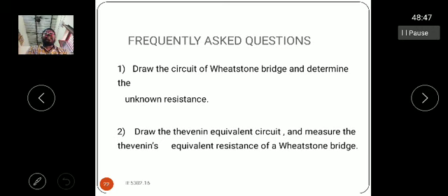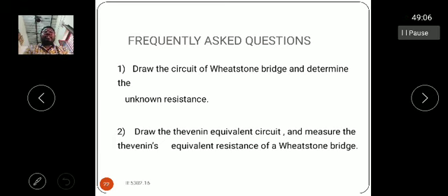Then we find the current passing through the galvanometer, Ig. If you want to calculate the voltage across the galvanometer, we use the response we already measured, the current Ig.